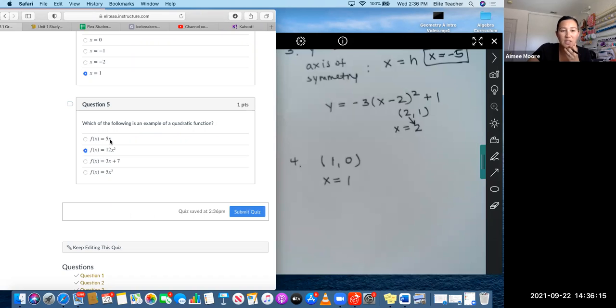So f of x equals 5x, that's going to be a straight line. That's a linear function. F of x equals 3x plus 7. That is a linear function because the highest power is the first power. X is to the first power, just like the first one. And then the last one, we have 5x to the third power. That's going to be a cubic function, which we'll get to later in the year. So yes, a quadratic function has an x squared as the highest power.